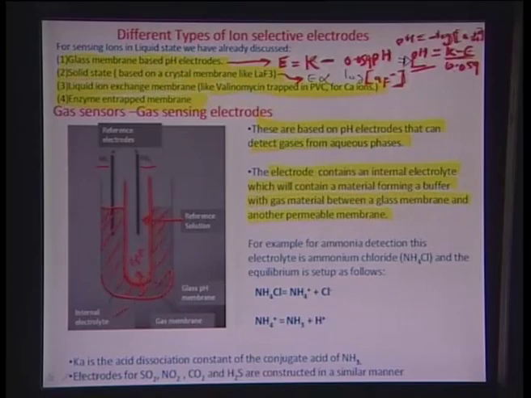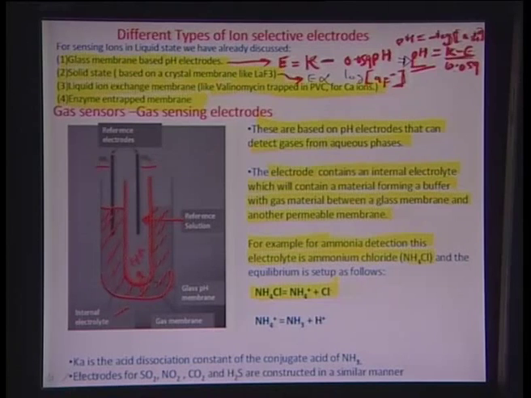Let us suppose we are trying to detect ammonia, NH3. The system is trying to detect ammonia gas. So, the electrolyte in that case would be ammonium chloride, NH4Cl, and the way it equilibrates with the ammonia is given in these set of equations here. So, NH4Cl, when you put it in a solvent, typically an aqueous based solvent, would immediately get converted into NH4 plus and Cl minus.